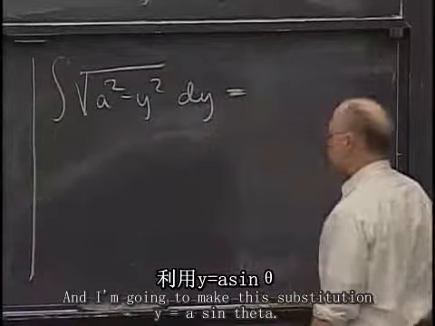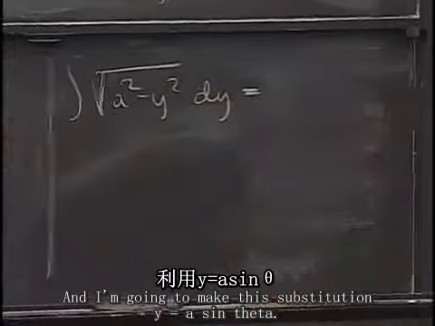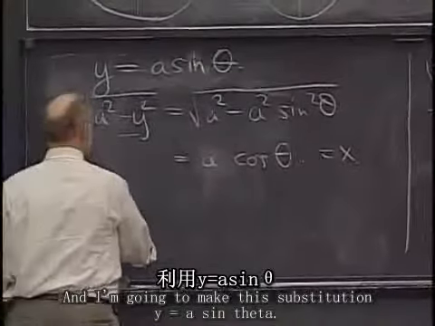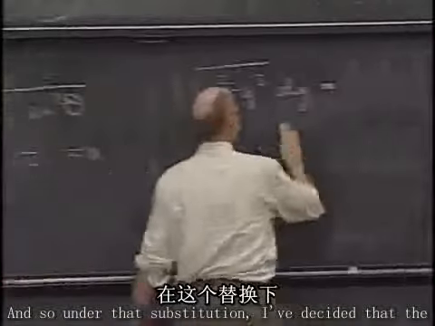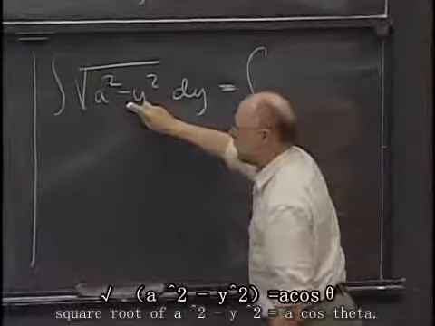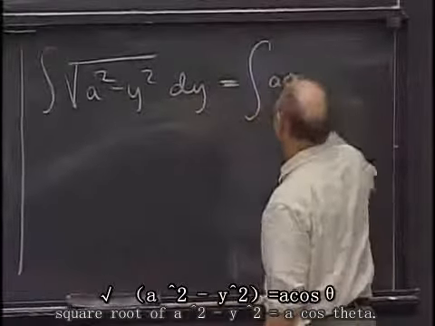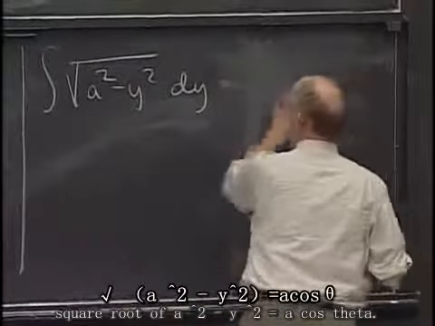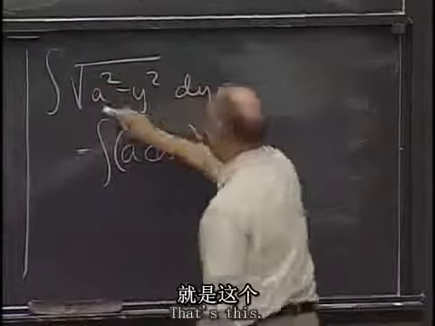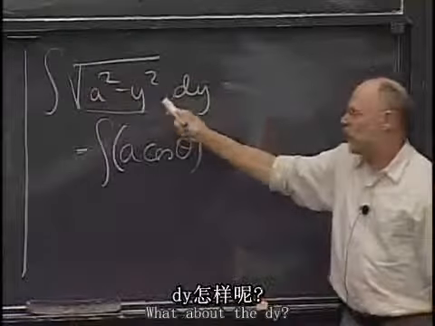And I'm going to make this substitution. Y is a times the sine of theta. And so under that substitution, I've decided that the square root of a squared minus y squared is a cosine theta.